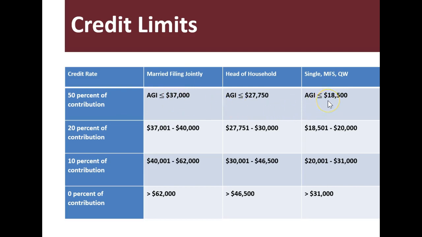If you're single, it has to be less than $18,500. So the limits are pretty low here. That's another reason you might not see this credit as often, because they may have more income than that. Although it is declining. At $40,000, they can still get 10% of their contribution.